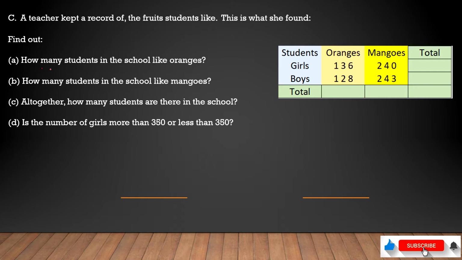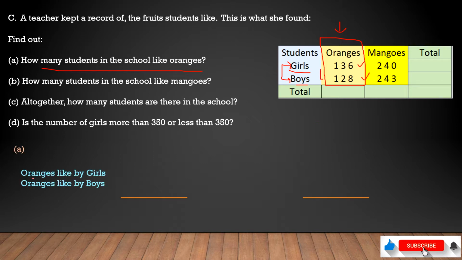Now the first question is asking how many students in the school like oranges. To find the total number of students who like oranges, we have to look at these two numbers, because these are the girls and boys. These are the total number of students who like oranges. So we look only at the oranges column and add these two numbers.